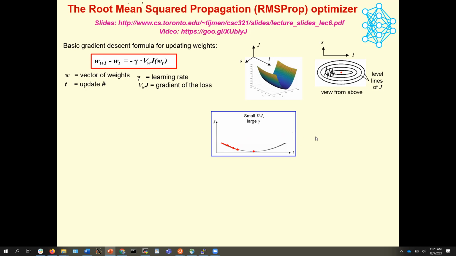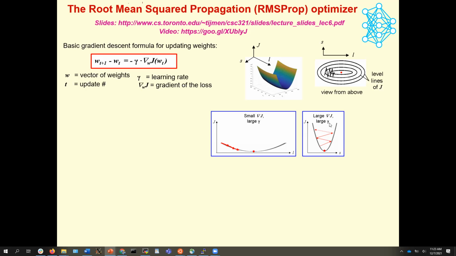We need large gamma. Now let's look at what will happen if we fix the L dimension for a while, but only look at J as a function of S. In this case, if we still use large gamma, then because the gradient is very steep, we will not reach the minimum, but we will climb up at this large value of learning rate, and we will never get the minimum.